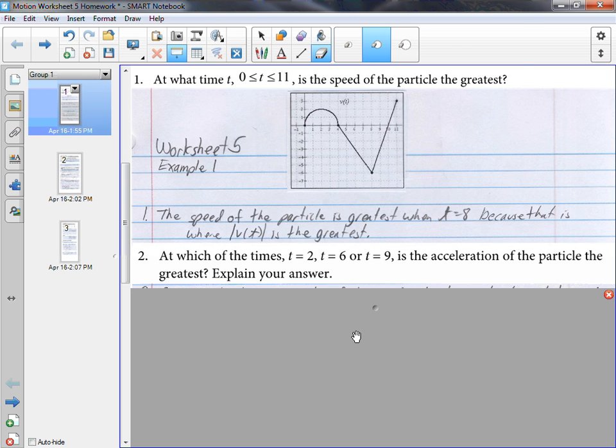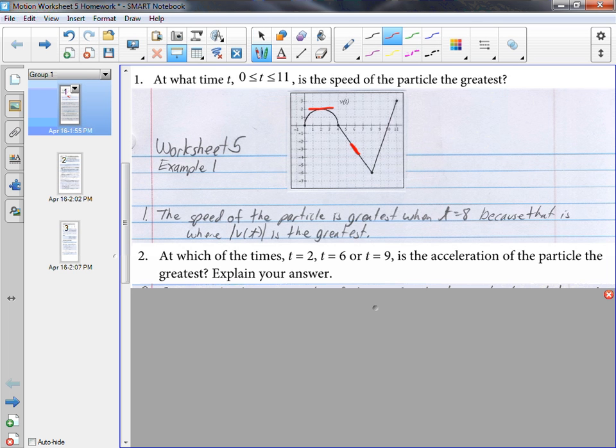So at t equals 2, the slope of the tangent line is 0. At t equals 6, all right, remember how the slope of a line is also its derivative? So at that point, the slope of the velocity is negative, so the acceleration is negative, about, not quite 1, but it's negative something.